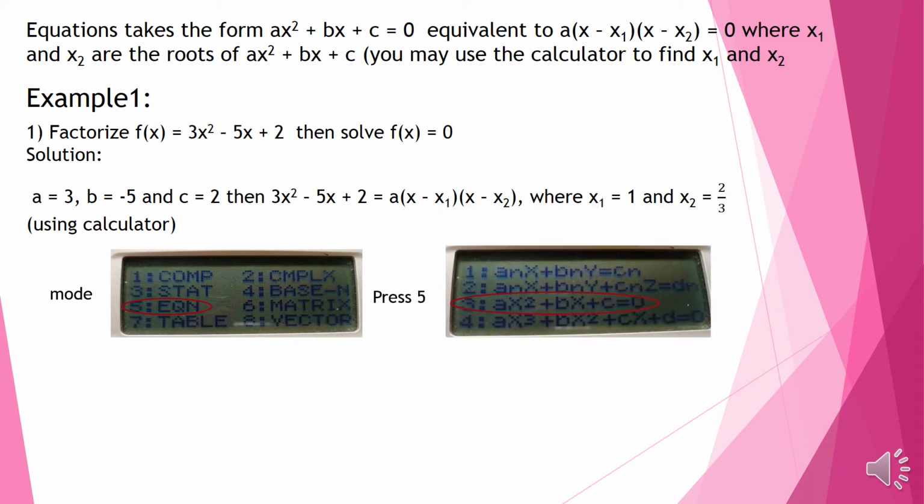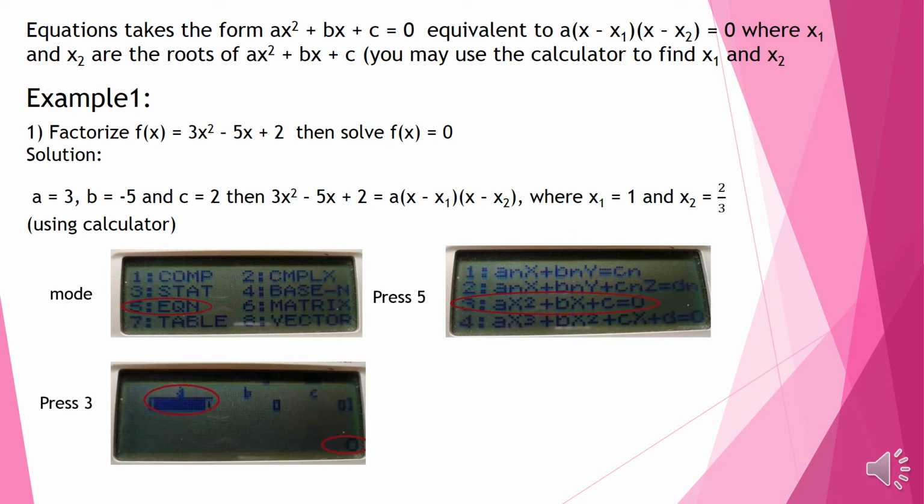If you press 5, you get on the screen several types of equations. Our target is ax squared plus bx plus c equal to 0. Now press 3. If you press 3, you get on the screen the three unknowns A, B, and C.